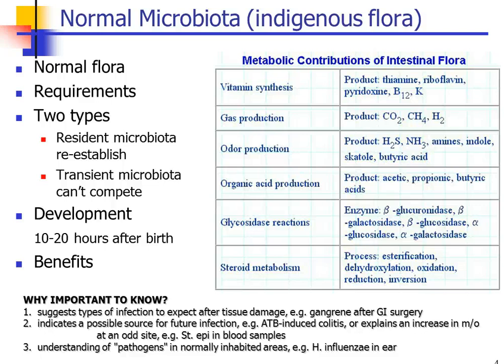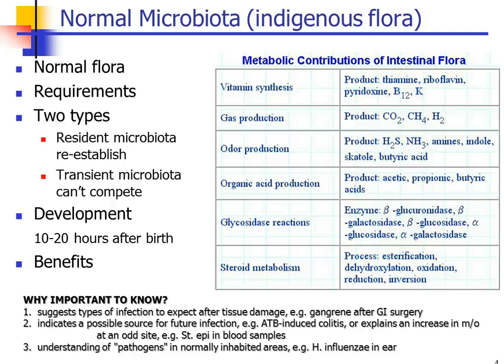And why is it important to know what kind of normal flora you have around the body? I've got 3 reasons here. One is it suggests types of infection to expect after tissue damage. For example, if you're in abdominal surgery and inadvertently the doctor nicks your large intestine, he doesn't know it or she doesn't know it, you obviously don't know it, and you develop an infection during your recovery period, it would be obvious that the organism causing that infection is going to be one of your gut bacteria, probably Bacteroides, maybe E. coli, maybe a Clostridium.